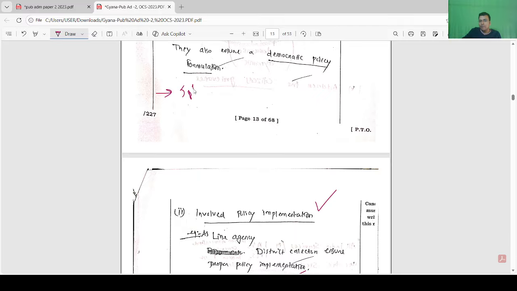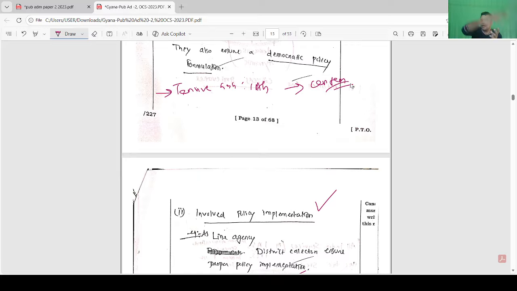Tenure system. Under the tenure system, IAS officers from the state cadre go to the center under deputation.